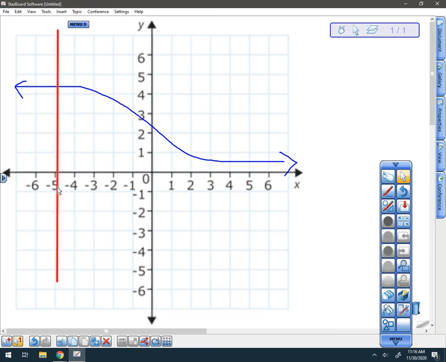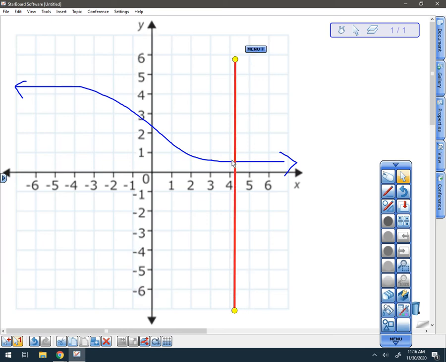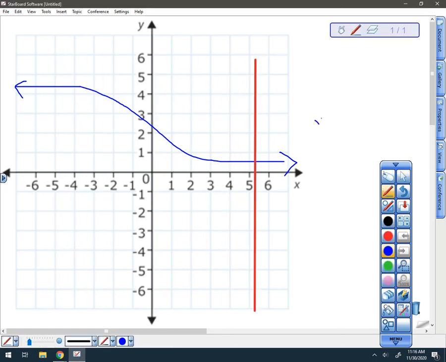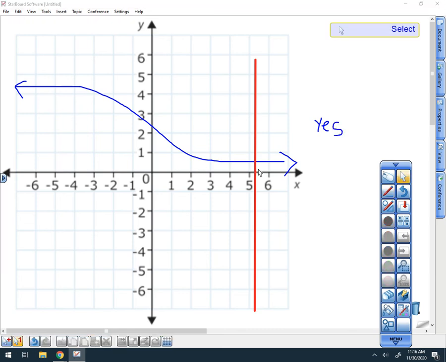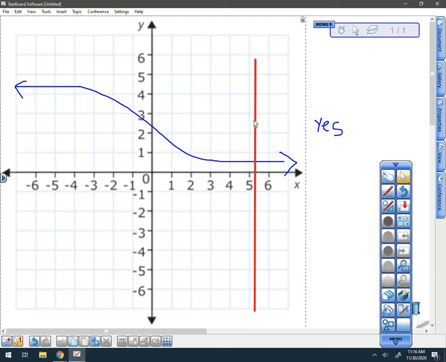If I draw it here, it only hits it once. What if I draw it here? Only hits it once. What if I draw it right there? Nope, only hits the graph one time. Since no matter where you put a vertical line, it would only hit the graph one time, your answer would be yes, that is a function.